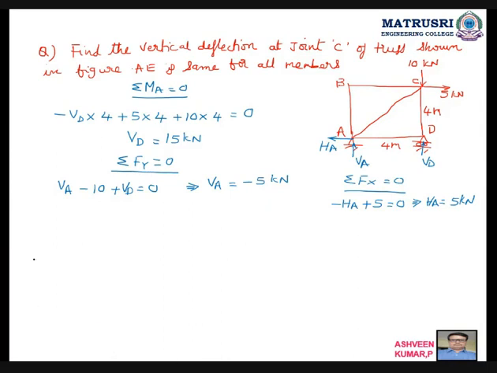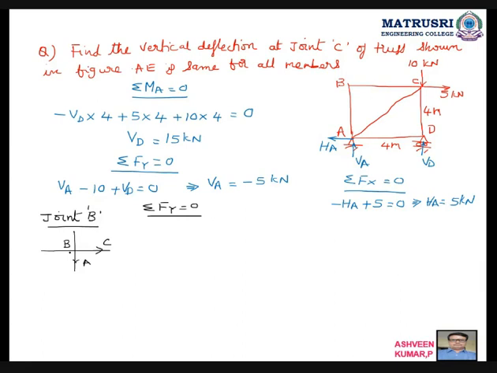So I will take joints one by one. First I will take joint B. This is B, this will become BC here, and this is A. Therefore, go for sigma Fy is equal to 0.